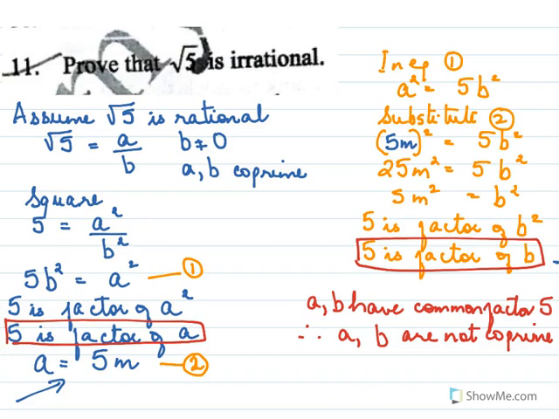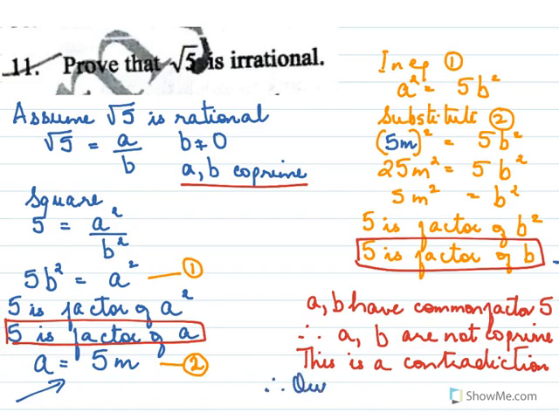But this contradicts our data. We said a and b are co-prime. Look up here. We said a and b are co-prime. But this is a contradiction. Now why did we get this contradiction? Because our assumption must be wrong.